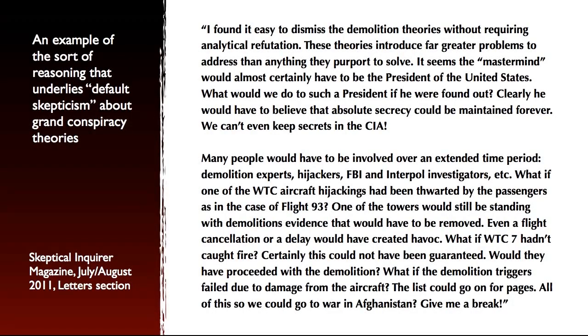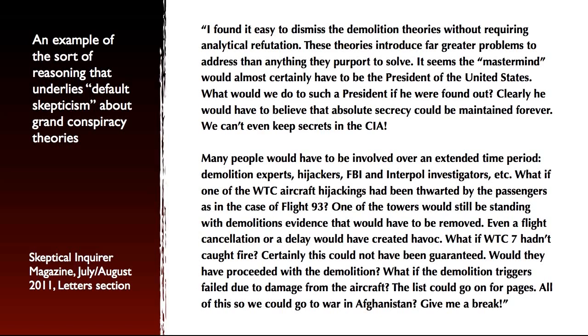In the letters section of this issue, a reader writes the following, and I quote, "I found it easy to dismiss the demolition theories without requiring analytical refutation. These theories introduce far greater problems to address than anything they purport to solve. It seems the mastermind would almost certainly have had to be the President of the United States. What would we do to such a president if he were found out? Clearly, he would have to believe that absolute secrecy could be maintained forever.